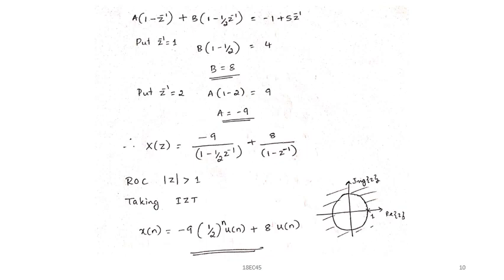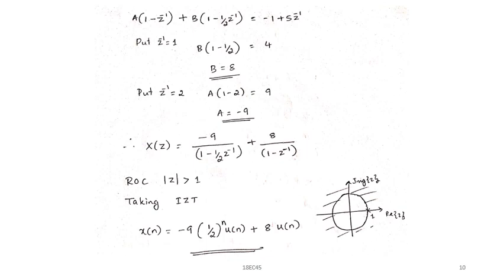In the same problem, if they give the ROC as mod z less than 1 by 2, then you'll get both as left sided sequences. So at that time the answer will be x of n is equal to minus into minus, it is plus, so 9 into 1 by 2 to the power n u of minus n minus 1 minus 8 into u of minus n minus 1.